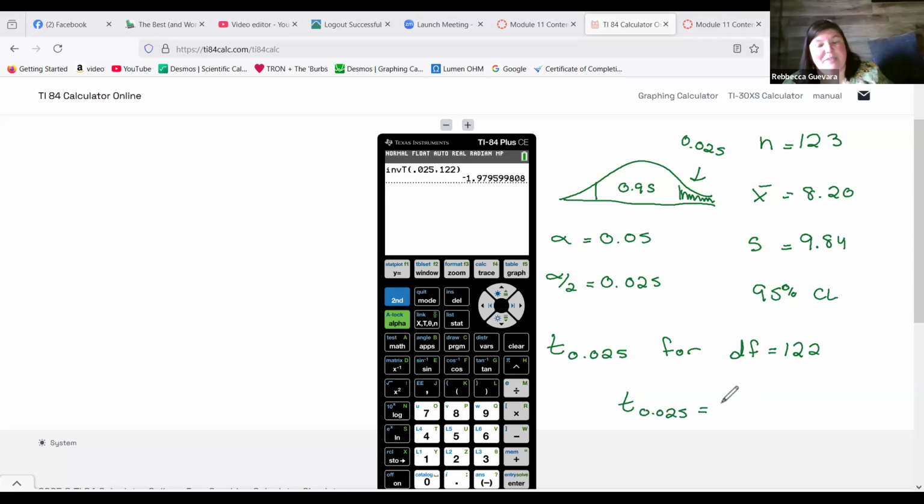So remember, don't make the mistake I made last time. This is positive. So it's not negative. 1.9795. We'll round it to 1.98. This is going to be positive 1.98. So remember, this is a big sample, so this is going to be closer to that z-score we usually see for 95%. So 95% level of confidence or confidence interval.